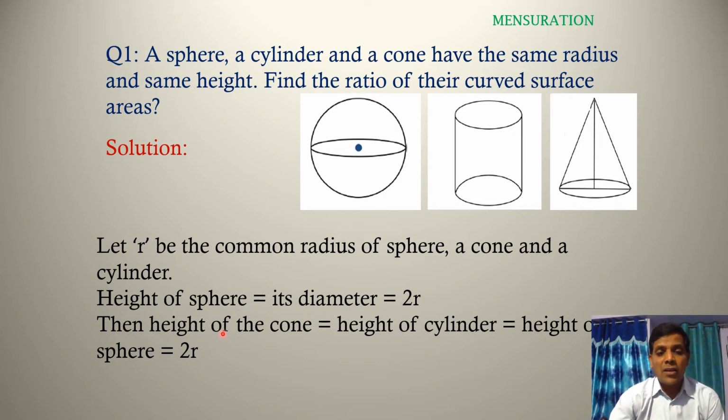Then the height of the cone equals the height of the cylinder equals the height of the sphere. So these three are equal, each 2 into radius.